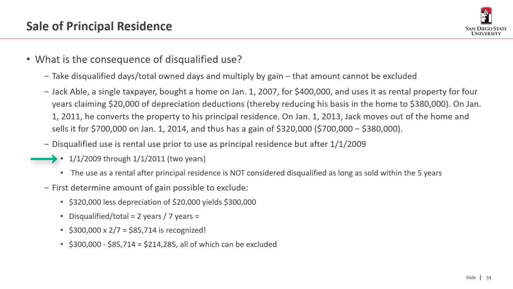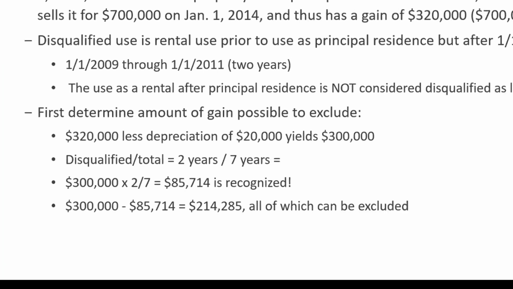So he's got 2 years of disqualified use. Then he lives in it as his principal residence for the 2-year period. And then that stub year at the end, that's 2013, right, when he moves out, but before he sells it, even if he rents it in that period, it is not considered disqualified use so long as it's within his 5-year window of measuring 2 out of 5 for the ownership and use test.